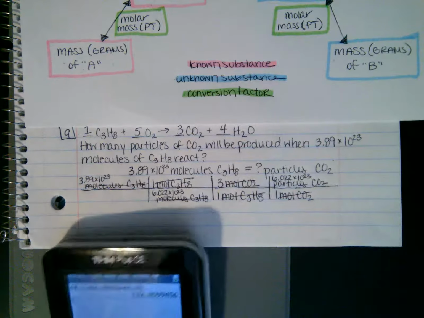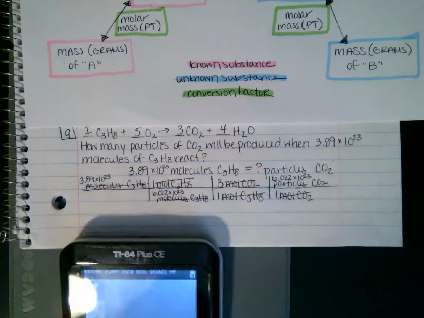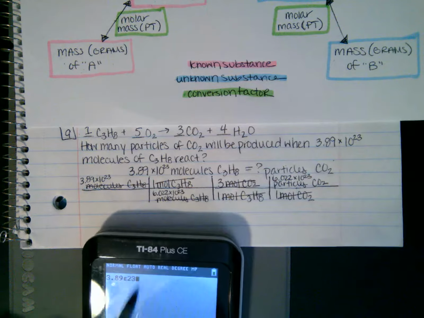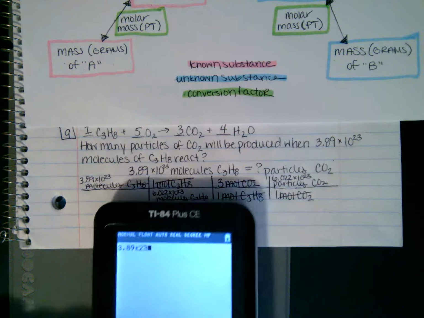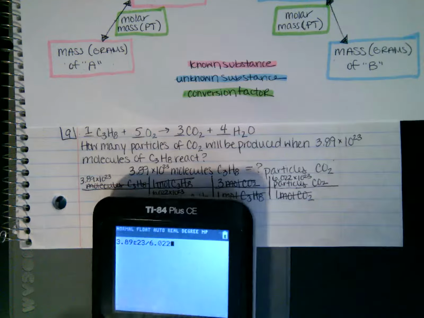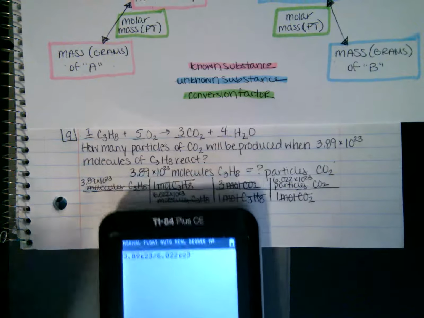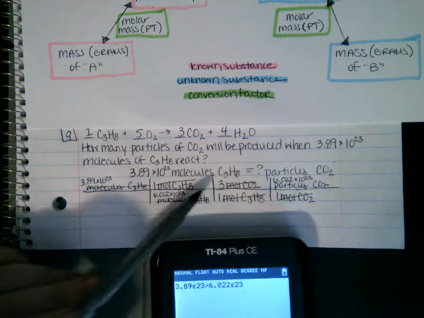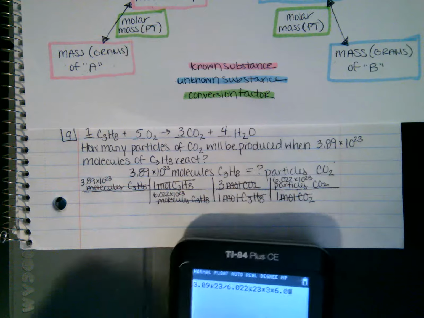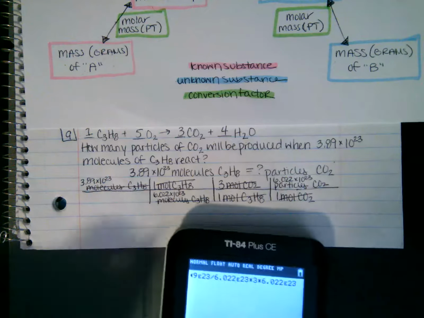Okay, so we're starting with 3.89 E23. Notice I'm using that E function, no parentheses or anything, divided by 6.022 E23. So that's divided by Avogadro's number, times 3, times 6.022 E23.